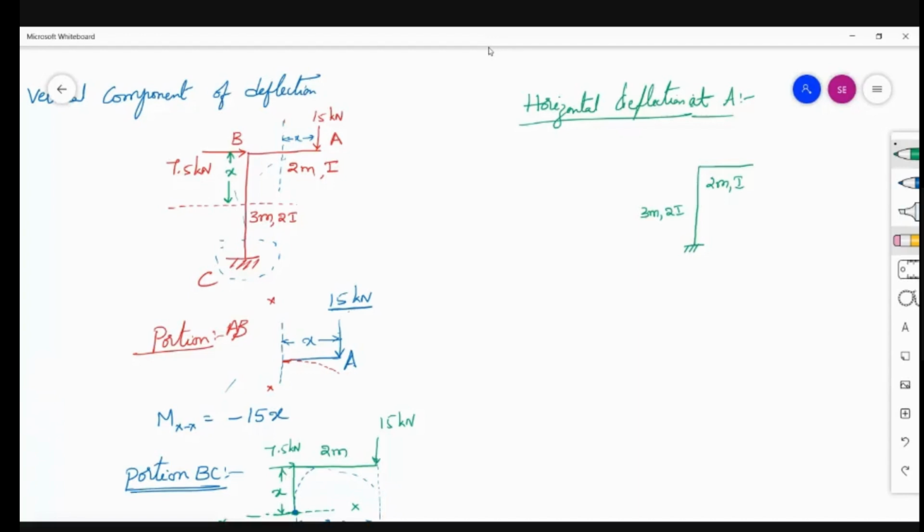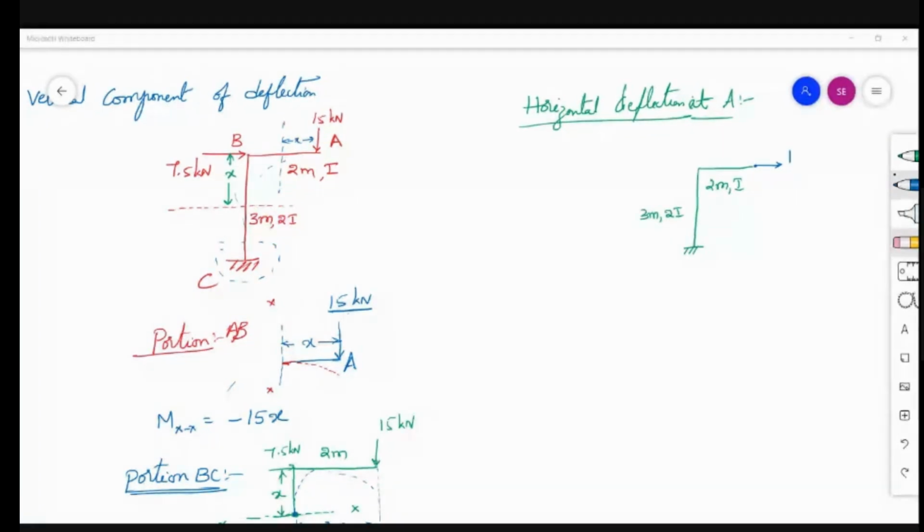Here, for horizontal deflection, I am assuming that a unit load of 1 is applied horizontally like this. What is the meaning of this? As per the unit load method, wherever the deflection is required, there apply a unit load.